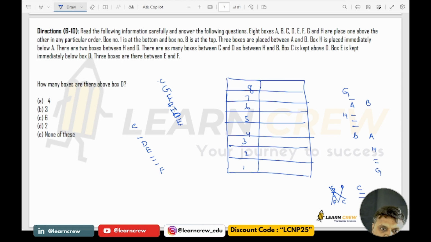Between H and B, I have more than that. There are as many boxes between C and D as between H and B.